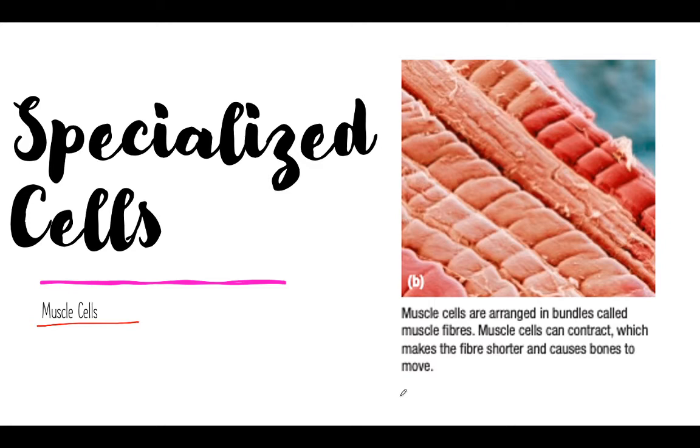So that's why when you flex your muscles, you can see that movement. Muscle cells can contract, which makes these fibers shorter, and then that causes the bones to move. So the whole idea of movement, our muscle cells have to facilitate movement in our bodies, which is why it's made up of these fibers.